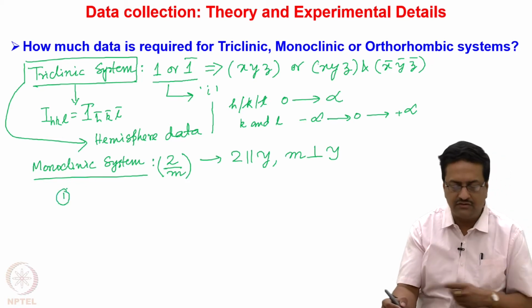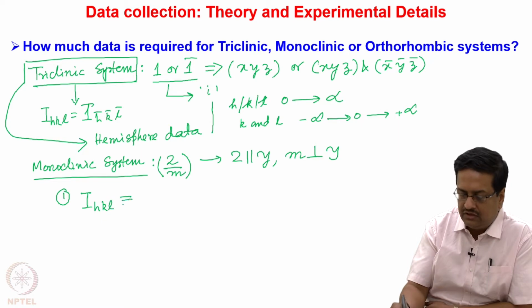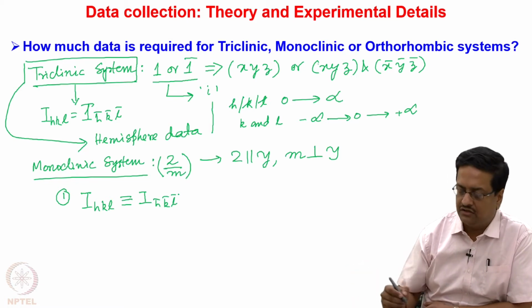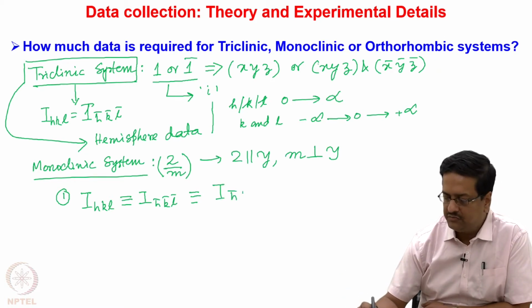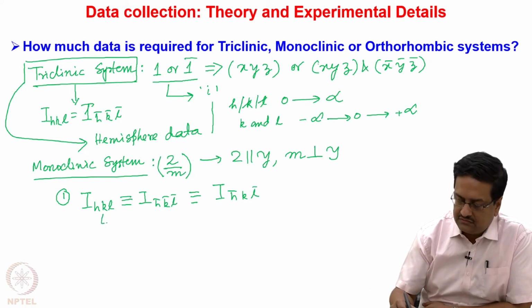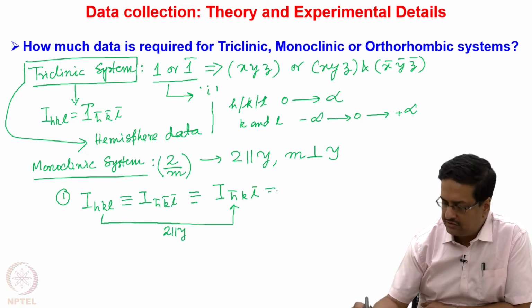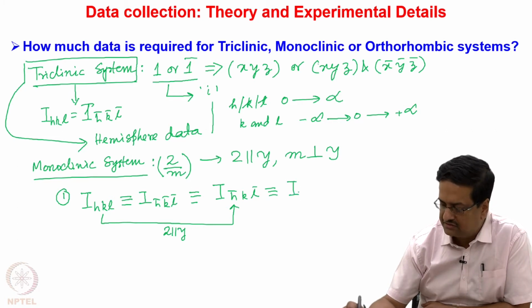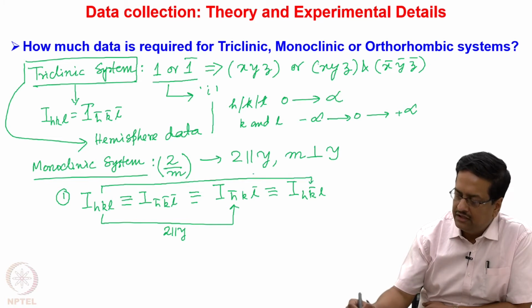One set corresponds to I HKL equal to I H bar K bar L bar, which is nothing but Friedel's law, is equal to I H bar K L bar, which is a two-fold operation from the first point parallel to y, and the corresponding Friedel mate of this reflection, which is H K bar L, which actually is a mirror operation perpendicular to y.